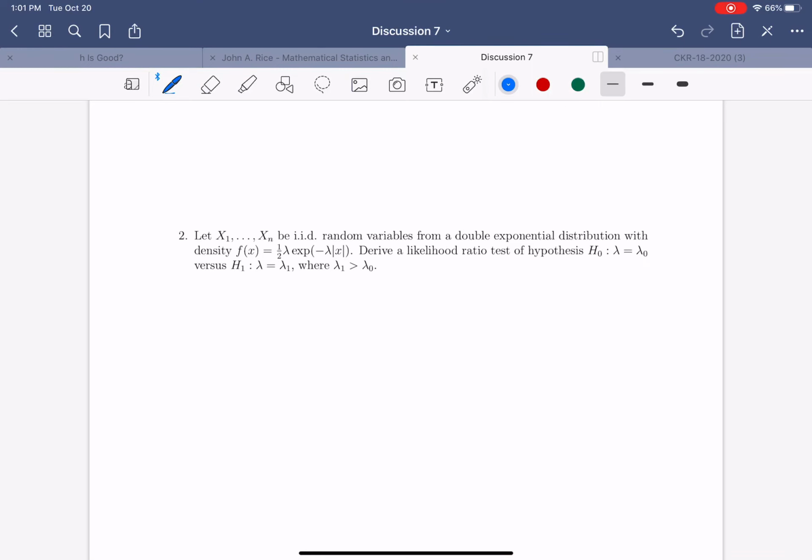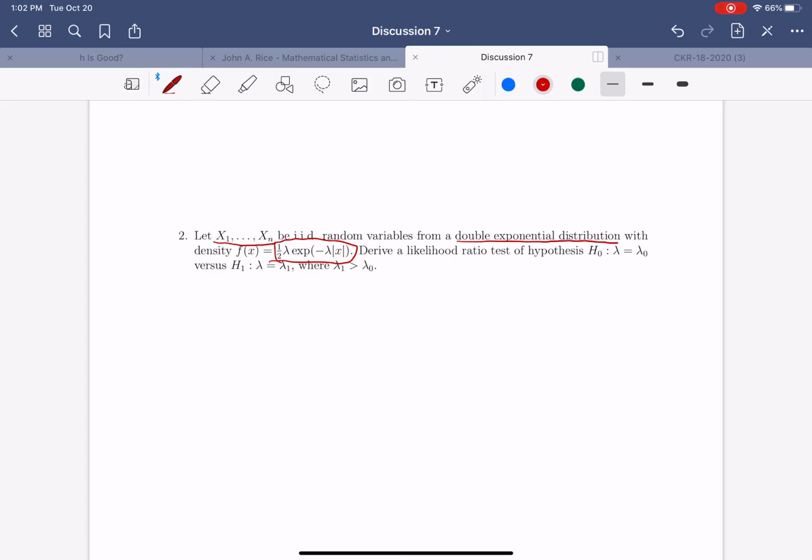In question 2, we have different data. Here we have n data points, a sample of size n, from the double exponential distribution. This is the distribution of the double exponential.